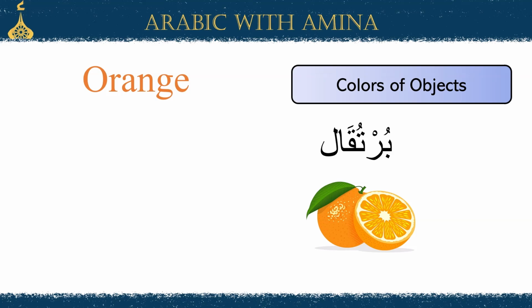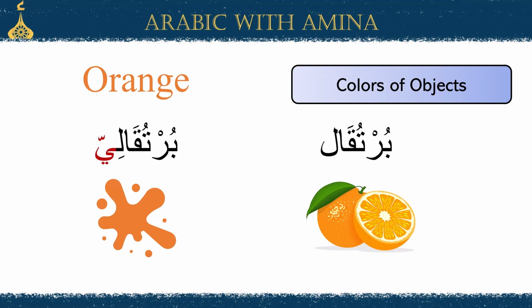To turn the word of the fruit into the color, we simply add the letter ya with a shadda at the end, turning برتقال, the fruit, into برتقالي, the color. This makes it easy to remember. The fruit and the color are directly linked.